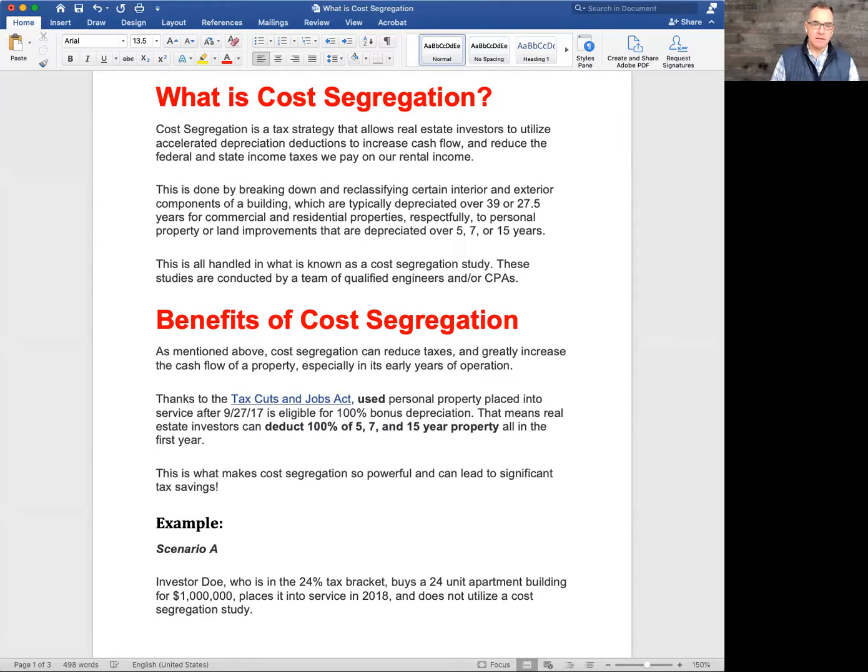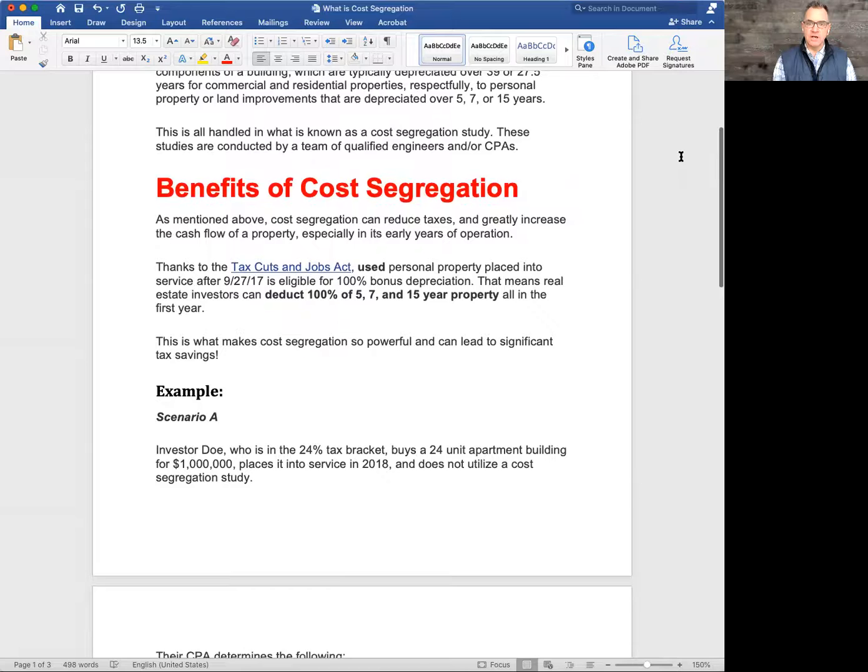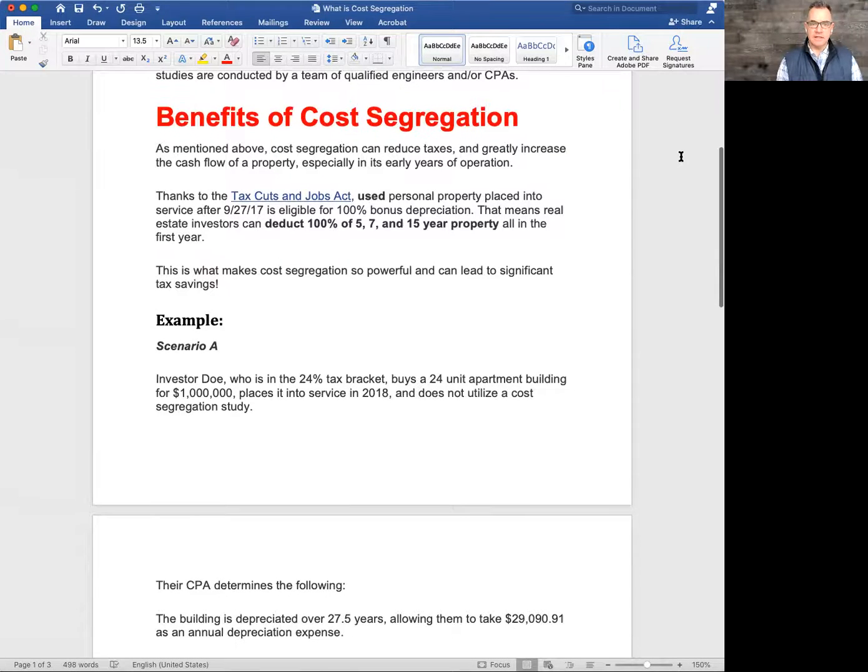This is all handled with what's known as a cost segregation study. These studies for us are conducted by our qualified team of engineers and CPAs. It's intense. It's probably not something that the average investor would get themselves involved with. Cost segregation, as I said above, can reduce taxes and greatly increase cash flow.